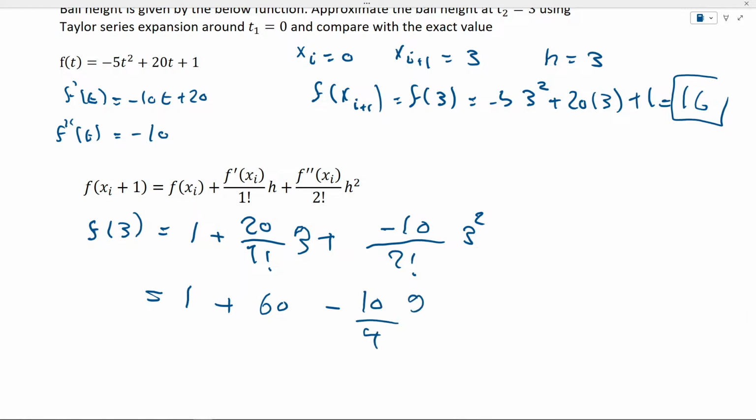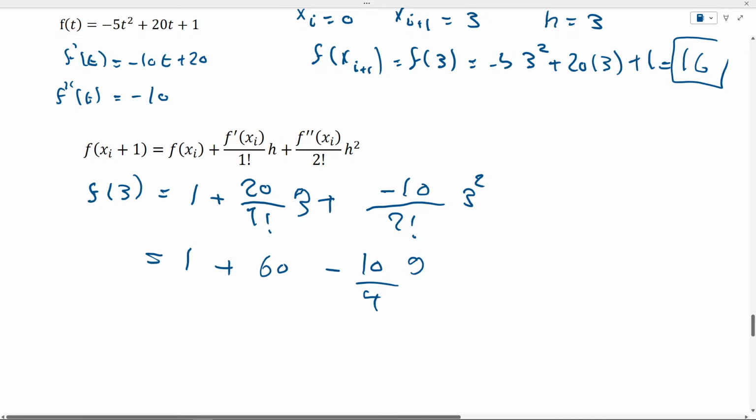That's what I got here, and this is plus 1. So what do I get from here?